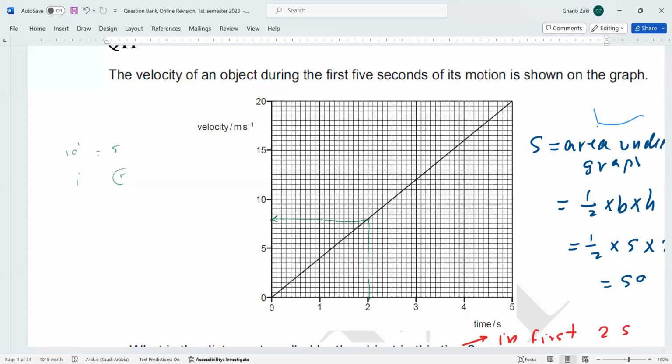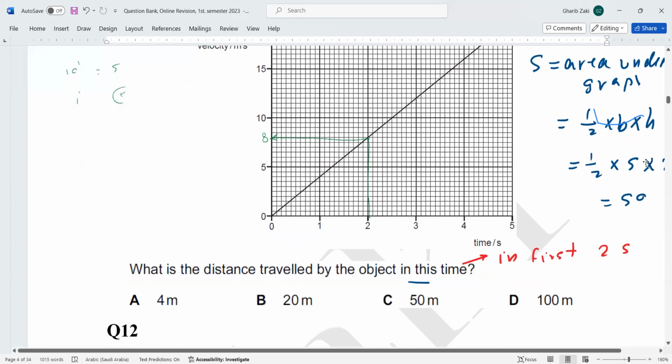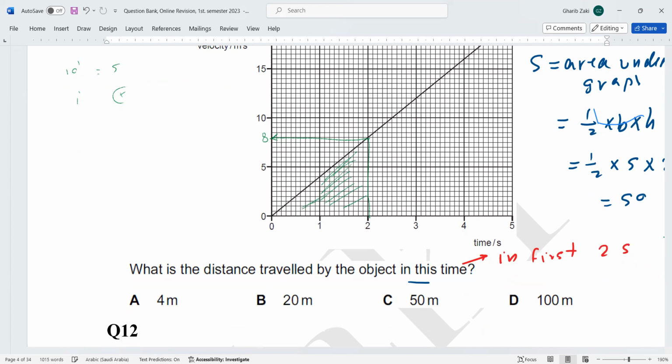Then this is 5.5, 6, 6.5, 7, 7.5, 8. So this point is 8. Then what will be the area? Half base times height. He said, what is the distance in the first 2 seconds or 3 seconds? Then we just find the area of this triangle. Remember, half base times height.